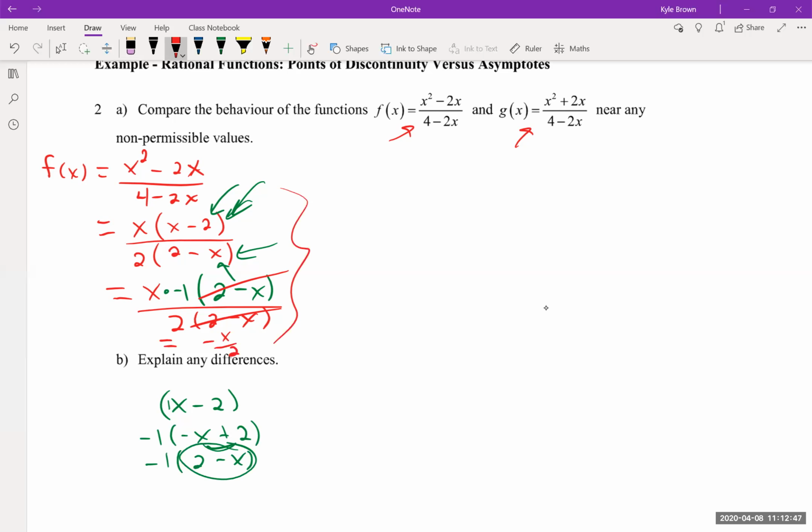Okay, so now what's going on here? So we have a point of discontinuity on this one. We've got a POD at x is equal to 2, right? Because if x was 2, then you'd be dividing by 0. You can't have that. So you'd have a point of discontinuity at 2.